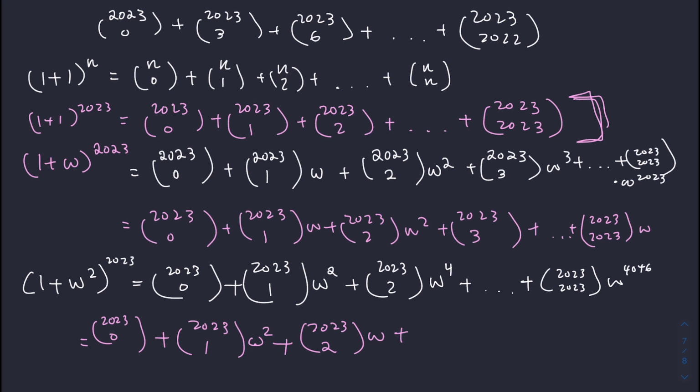And our next term, I did not write it above, but we know that it'll be omega to the 6th. And again, if you have omega to some 3k, where k is an integer, that'll just equal 1. So for our next term, it's just 2023 choose 3. And we can keep going till the end. And 4046 leaves a remainder of 2 mod 3, so we'll actually have omega squared for that last part. So we've simplified this a little bit further as well.